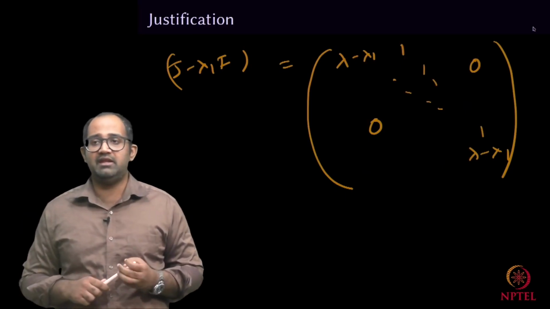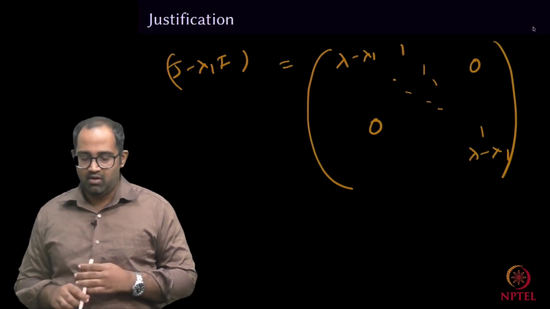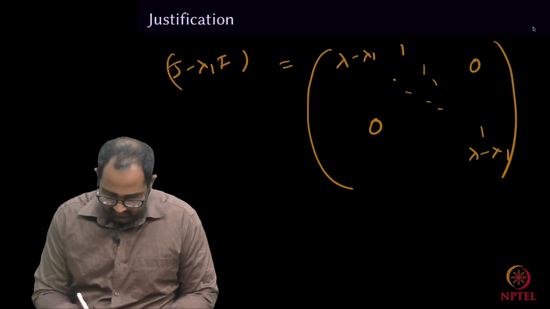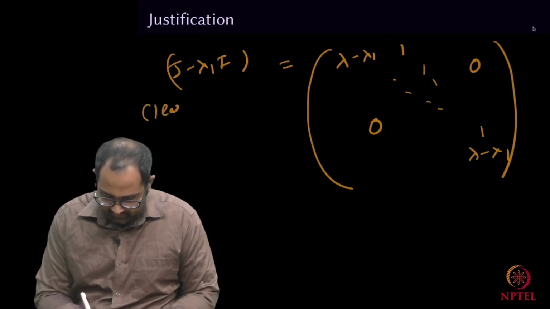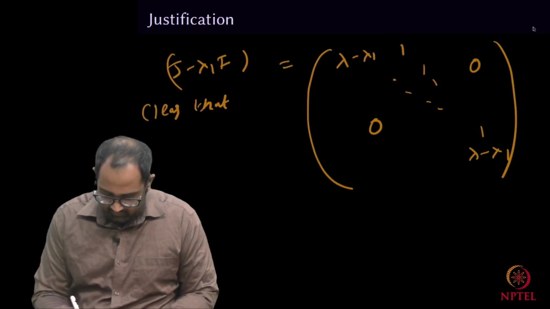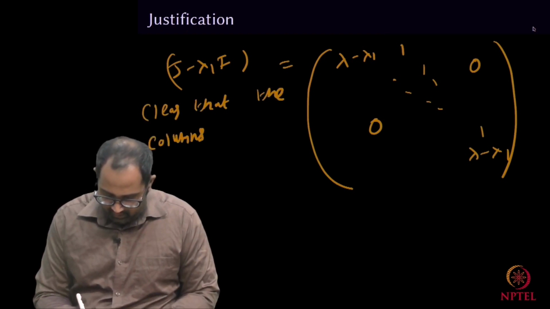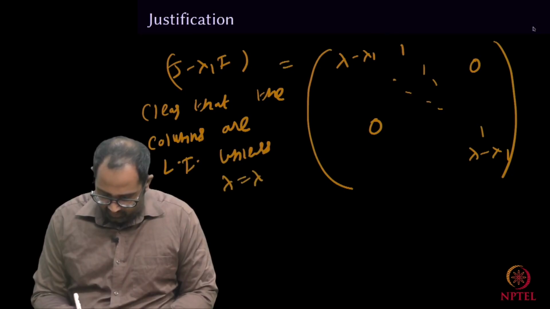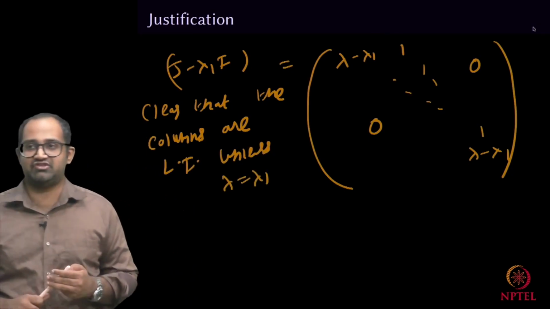But it is completely clear that the columns are linearly independent unless lambda is equal to lambda 1. That's just clear by inspection again.